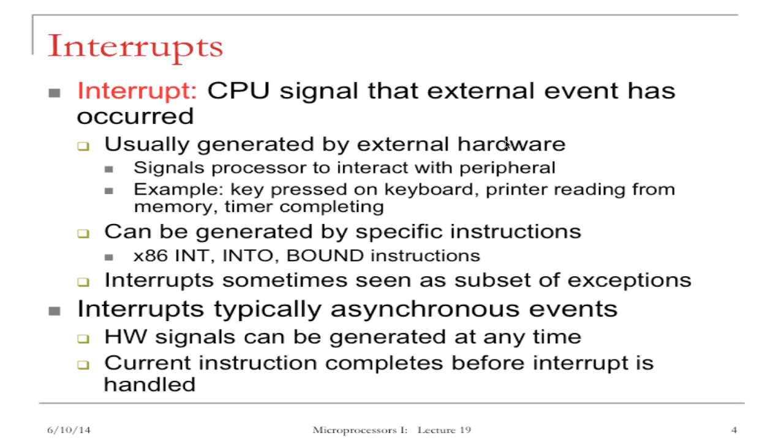For example, when you press a key on the keyboard, or when a printer tries to read from memory, or a timer completes its counting, it'll generate an interrupt. It can also be generated by specific instructions on x86 architecture, for example, using the INT, INTO, or BOUND instructions.